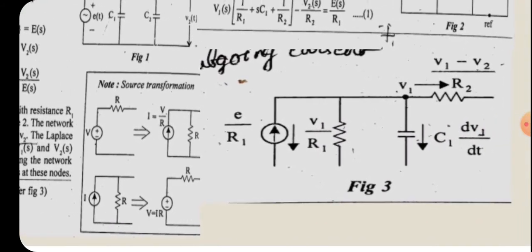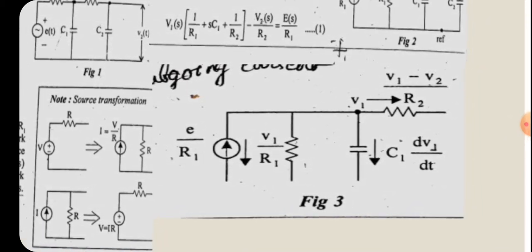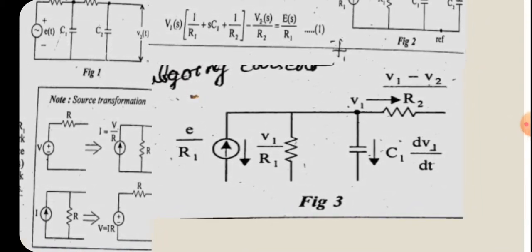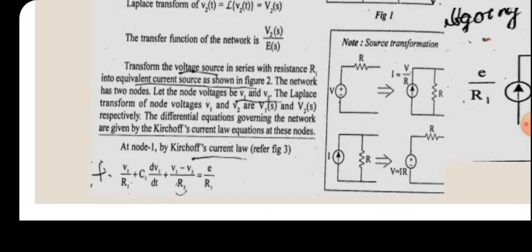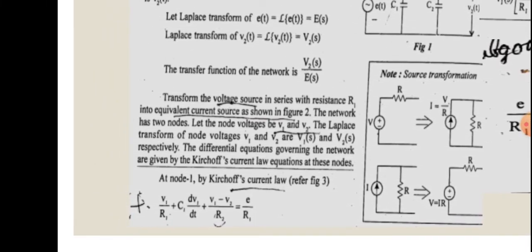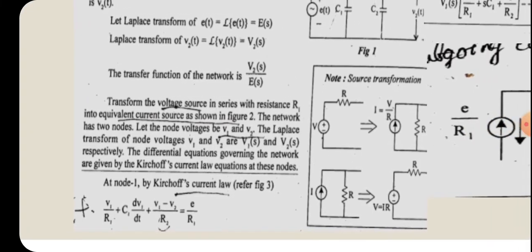These are all outgoing currents, and the sum of all these currents will be equal to the incoming current E by R1. So we are writing the KCL equation as V1 by R1 plus C1 into dV1 by dt plus V1 minus V2 by R2 equal to E by R1.